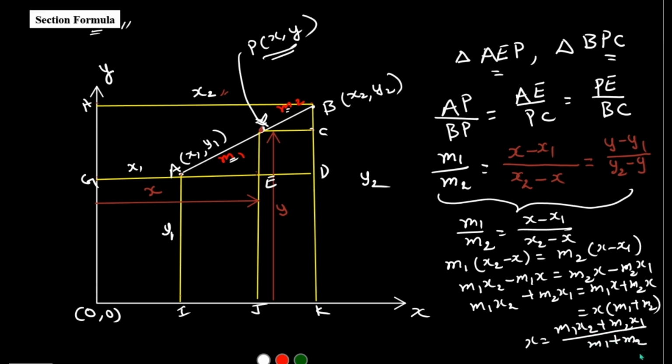This is the x coordinate. Similarly, equating m1 by m2 equal to y minus y1 by y2 minus y, you will get a similar expression: y equals m1y2 plus m2y1 divided by m1 plus m2. So now we got the coordinates x and y of the point P.